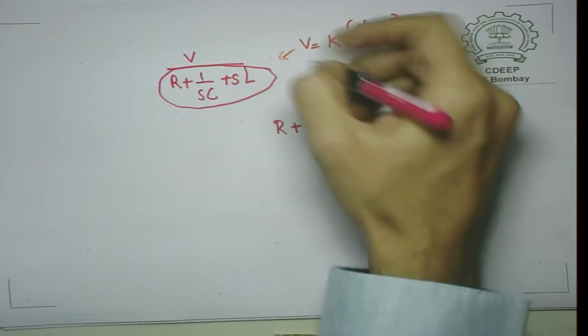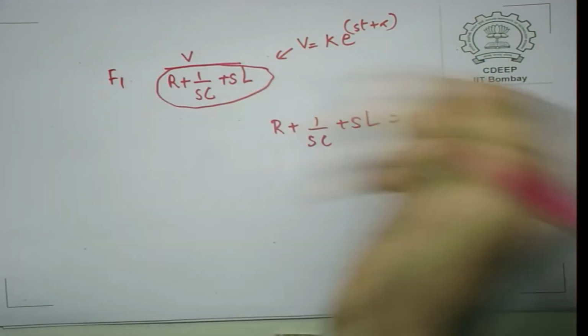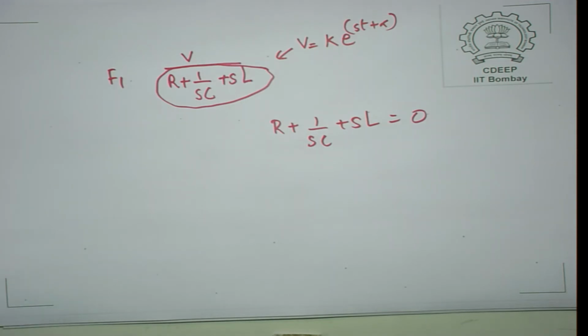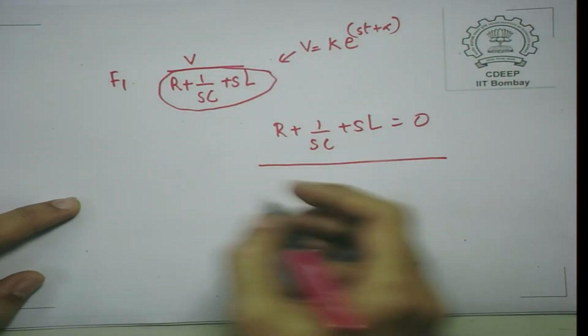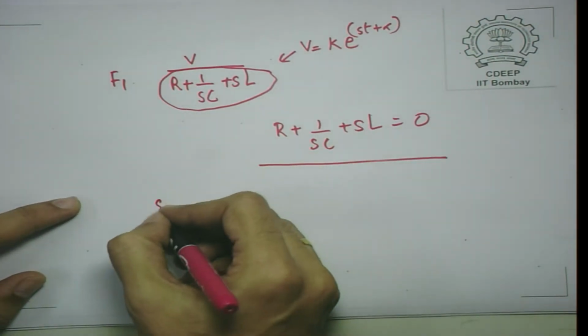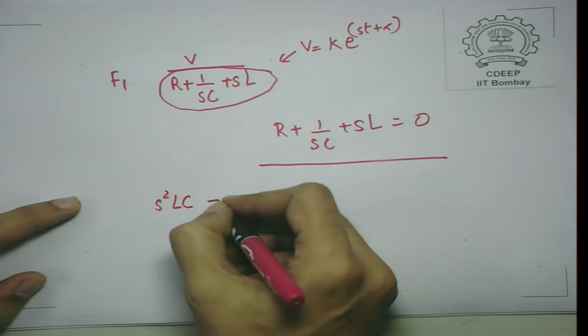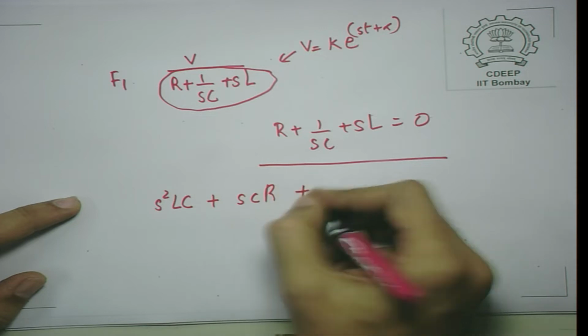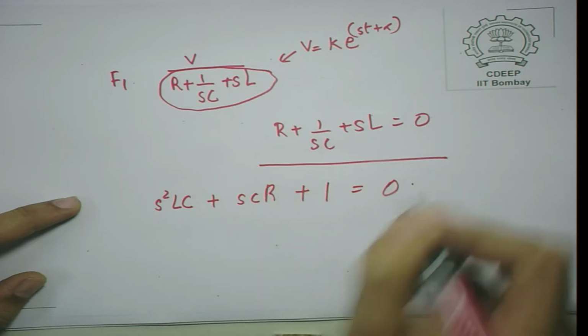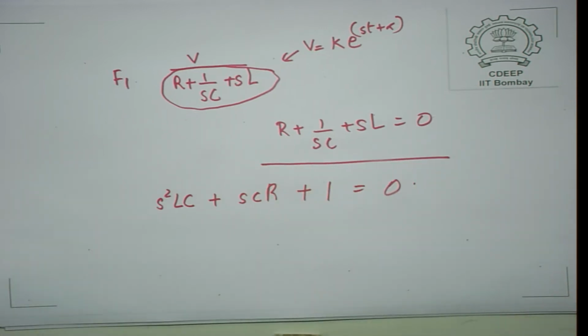This is the steady state response. The natural response has components not minus R by L e raised to minus R by L t, but something else. And how this is actually obtained is simply by setting this equal to 0, and if you do that, you will find that S square LC plus SCR plus 1 is equal to 0, and you will have to find out the roots of this.